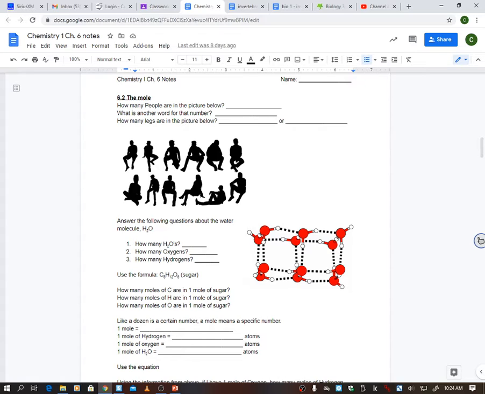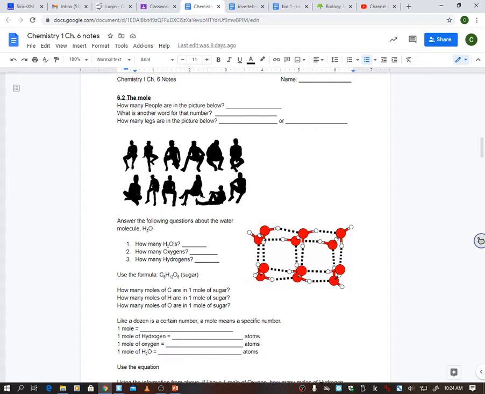We cannot see them with the naked eye, so there's a ton of them, which means we get these really huge numbers in chemistry. And those big numbers tend to confuse us, and we're hearing new terms that we've never heard before.